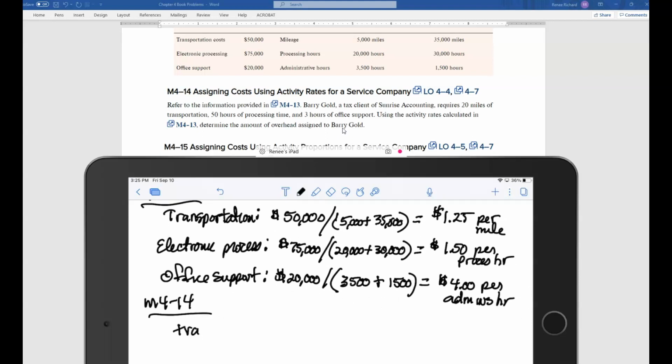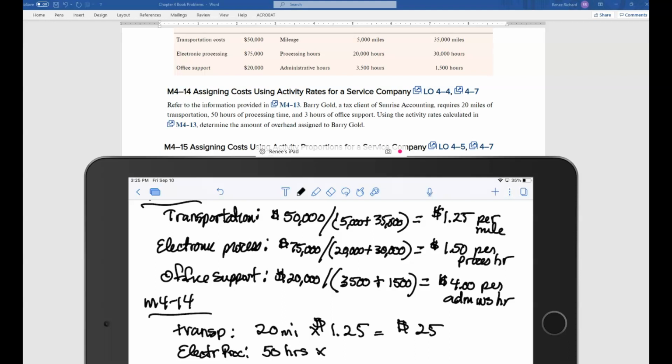So for Barry Gold, the transportation requires 20 miles of transportation. So that's 20 miles times $1.25 per mile. So that makes $25. Electronic processing uses 50 hours of processing time times $1.50 per hour.